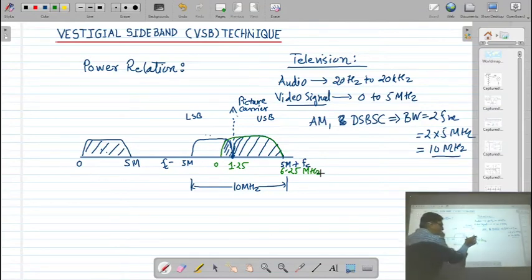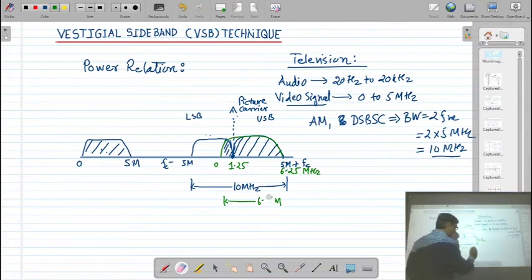So here the upper sideband is completely transmitted, and a fraction of the lower sideband is also transmitted. How much of the lower sideband? Up to 1.25 megahertz. So now if you look at this, the bandwidth comes out to be 6.25 megahertz. Remember, this is 6.25 megahertz.